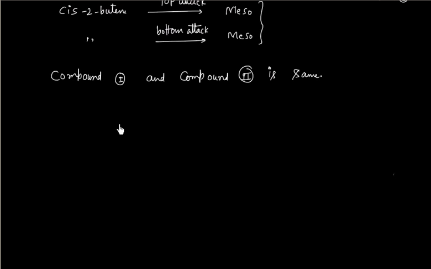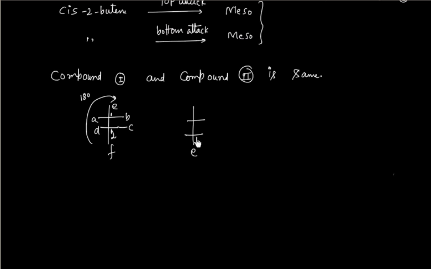One important point one can remember: if I have a Fischer projection formula with A, B, C, D and this is E, F, and I rotate by 180 degrees, E will be here. Now see, this carbon will go on top. So this is carbon 1, this is carbon 2.